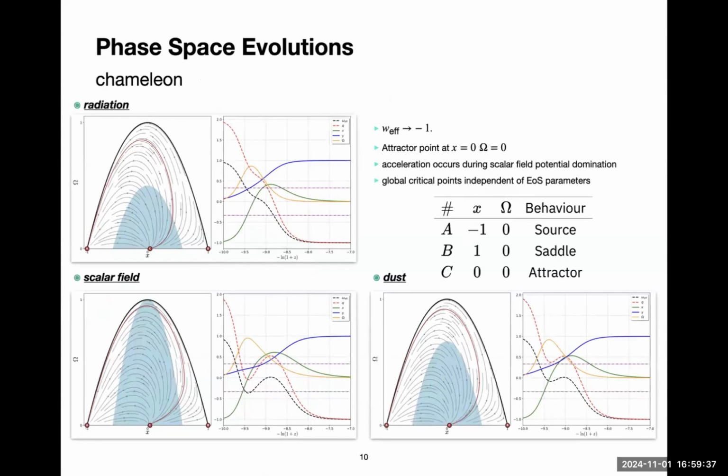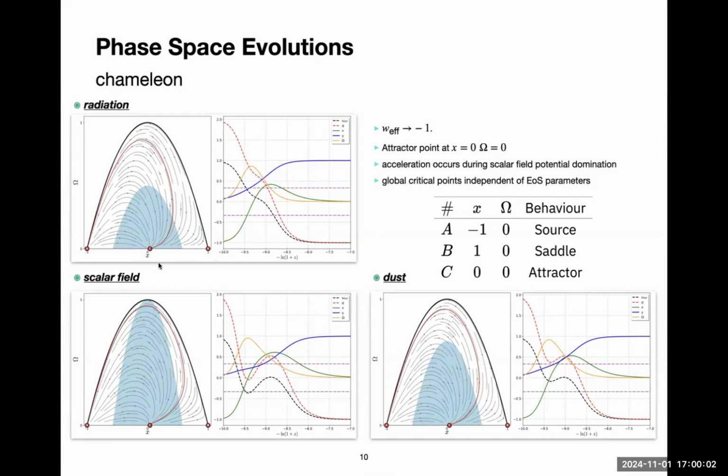So here is the result of the chameleon linear stability analysis. The system has a total of 3 critical points, which don't depend on the equation of state parameters. A acts as a source, B acts as a saddle, and C as an attractor. The accelerating regions are shaded in blue again here.